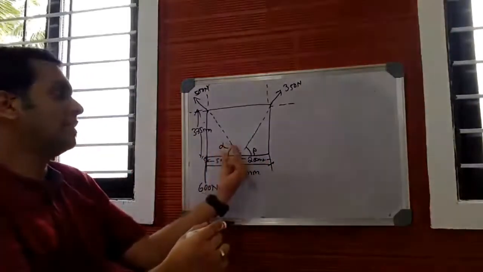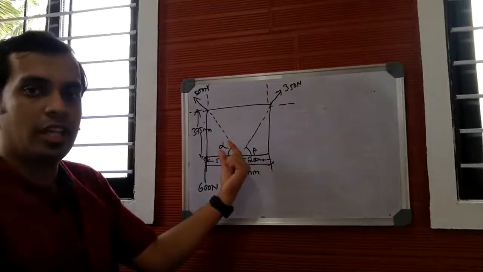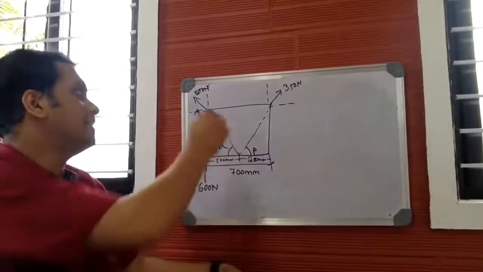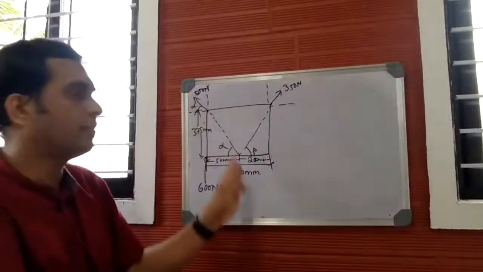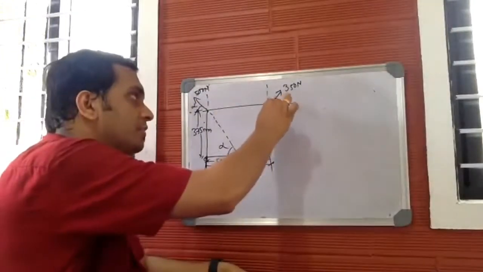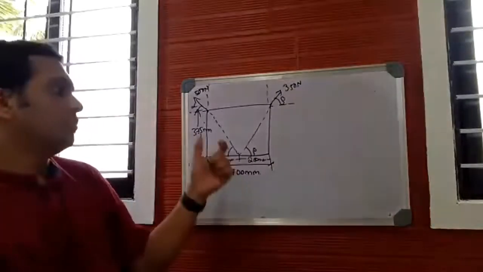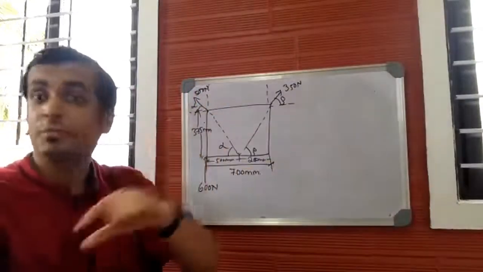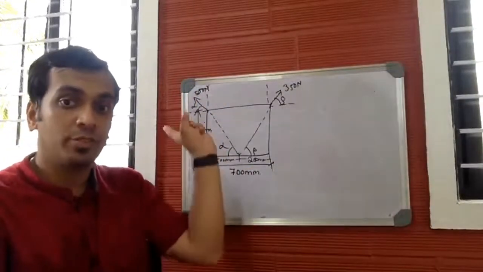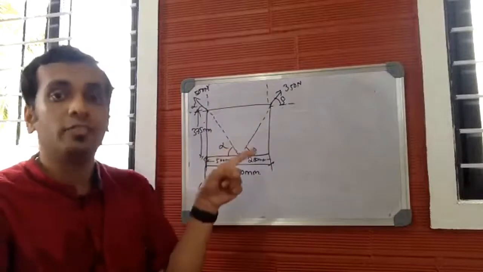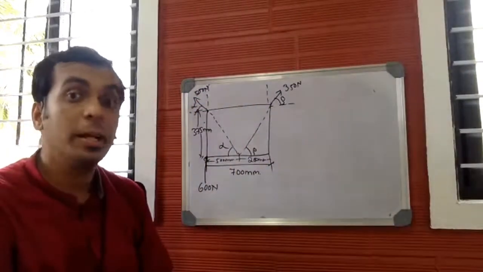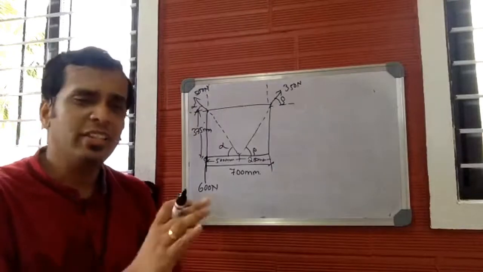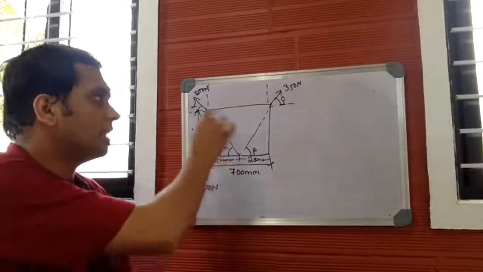Now, if this angle is alpha, you can observe here, even this angle will be equal to alpha, because this is the line of action. So if this angle is beta, even this will be equal to beta. So step number one is to resolve all the inclined forces. You have 2 inclined forces here. In order to resolve these 2 inclined forces, we need the value of alpha and beta. Is it not? So we can easily find the value of alpha and beta using the given data.